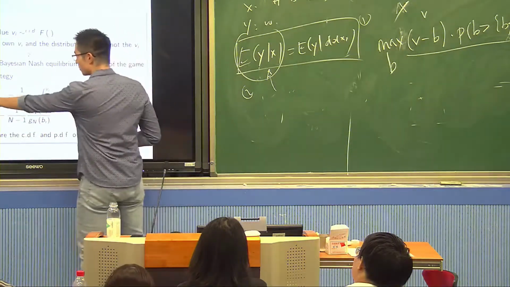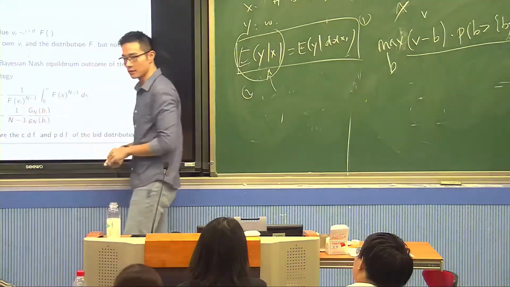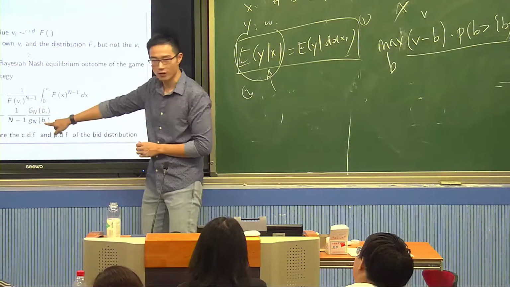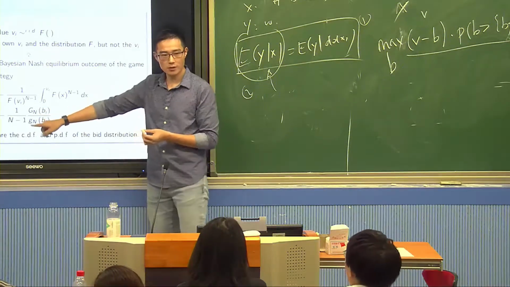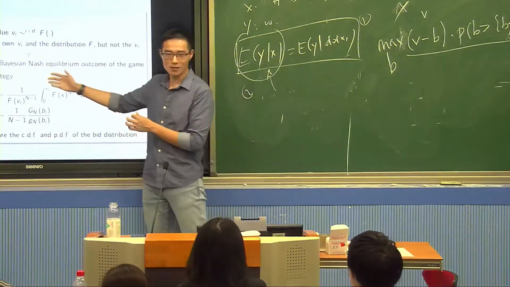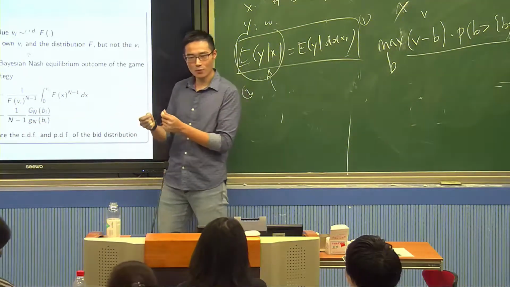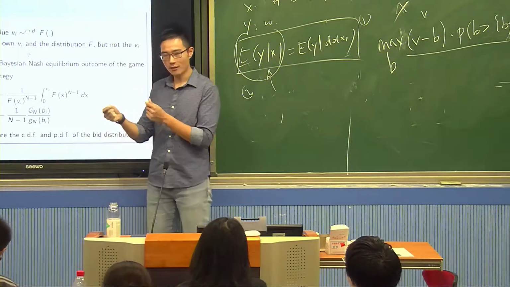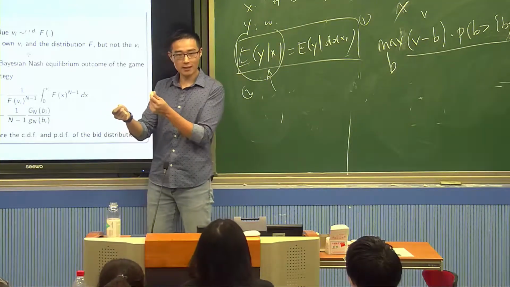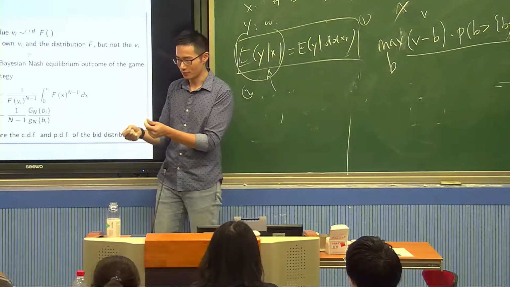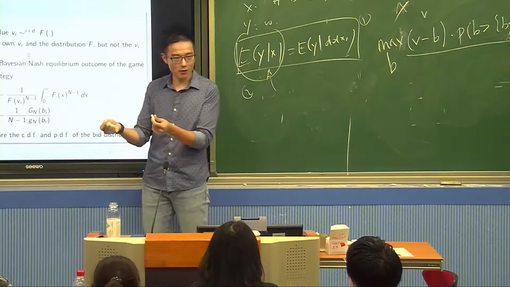V is simply equal to B plus this thing, and this thing I can always estimate from data because it's the PDF and the CDF of the observed bids. So if you trust my derivation here, then when we believe in this theory, from the observed bids I can basically guess people's underlying value. And that is very, very powerful.